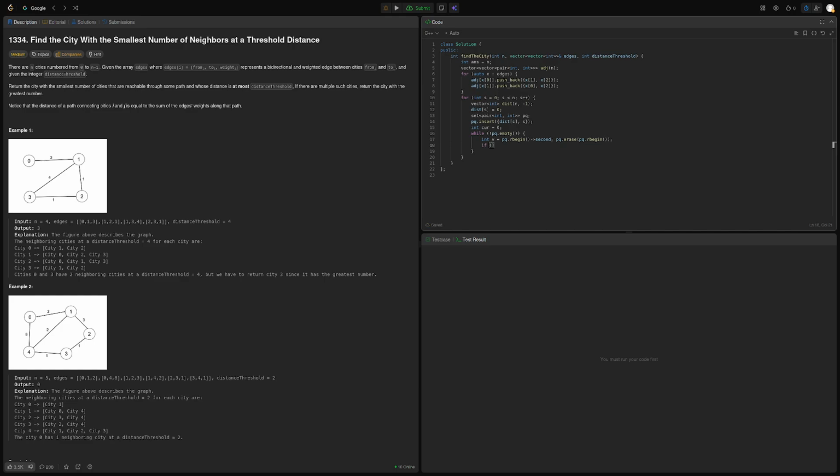If distance of v is smaller than or equal to distance threshold and v is not the starting vertex, then current plus plus, and then we go for auto pair in the adjacency list of v, and then we have u as p first and w as p second, and we have to compute the new distance.